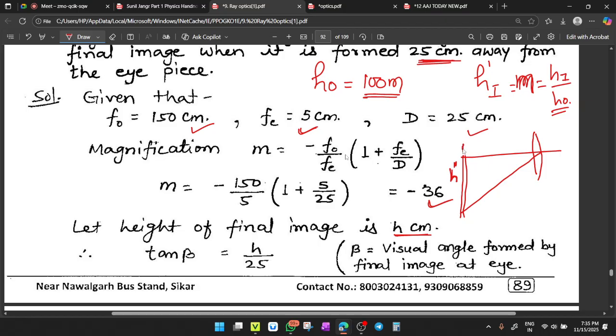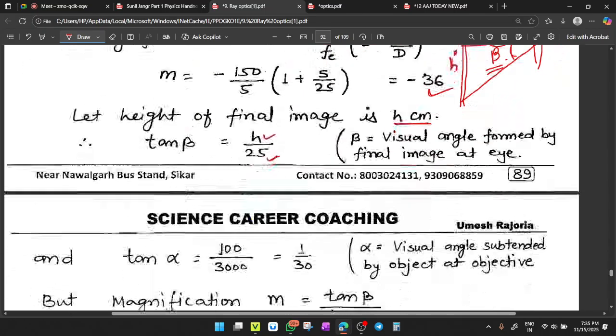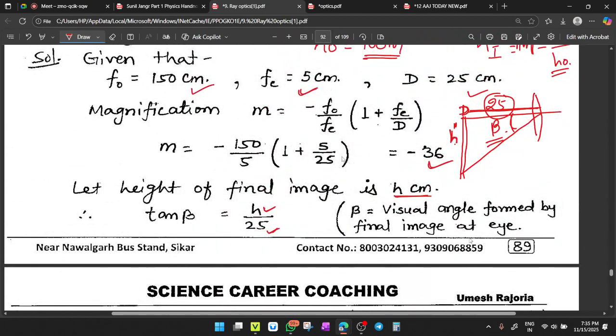And your final image is formed at a distance d. So tan beta is equal to perpendicular upon base. The perpendicular becomes h and the distance becomes d, which equals 25 centimeter. Clear or not clear? And this angle was beta. Yesterday we took this as beta. Beta is the visual angle made by the final image at I, kept at LDDV. Clear or not clear?